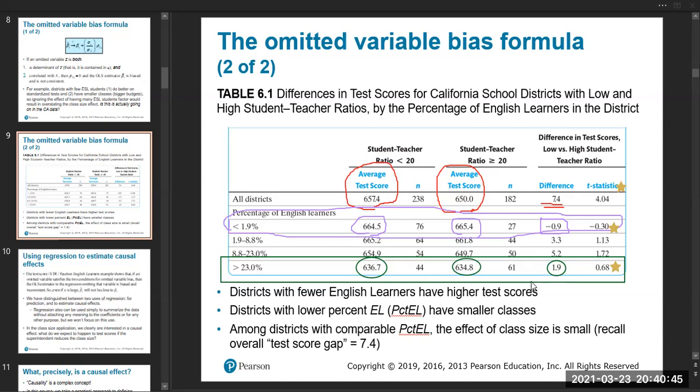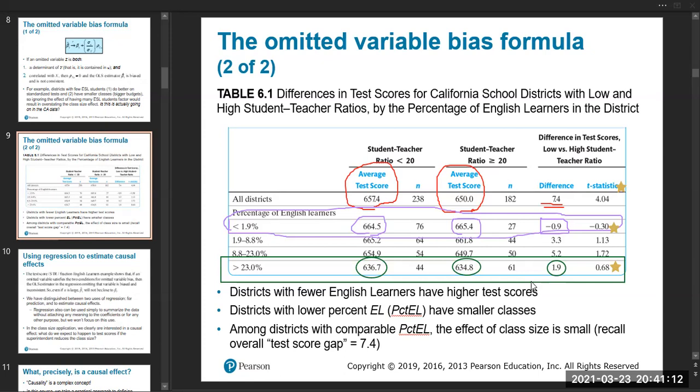You probably would say, I don't think so, right? Because after we separate our school districts into good English and bad English school districts, we find out that the score difference between small class and large class just vanishes, or becomes statistically insignificant.